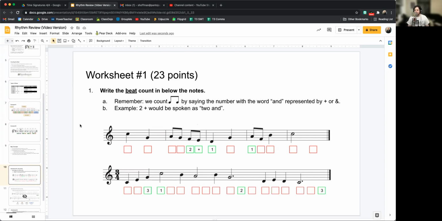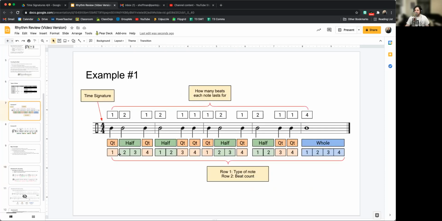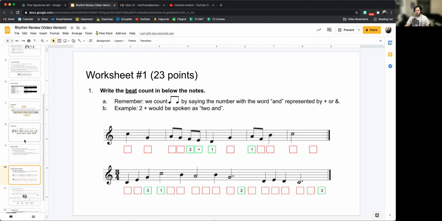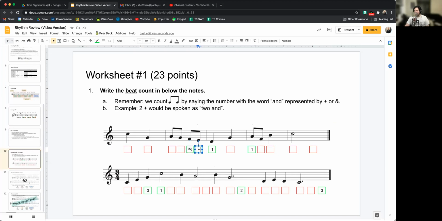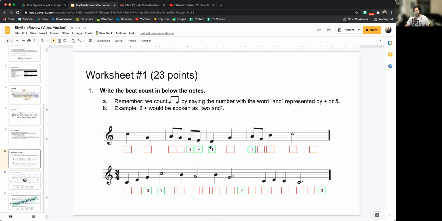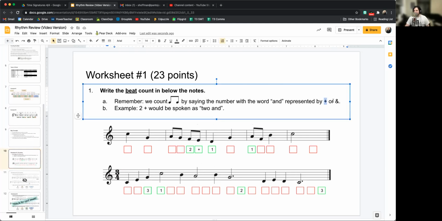And remember, the beat count is the thing down here that doesn't change, even if the rhythms above it do change. You'll recall from earlier on in the year that anytime we have beamed eighth notes, we are going to be using "and." So we're going to represent that with a plus or an and sign, an ampersand.